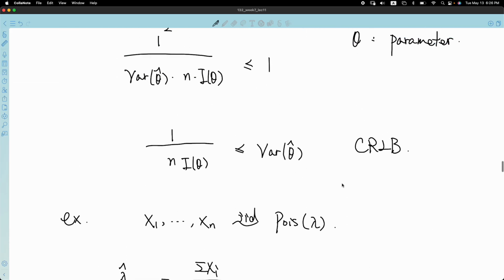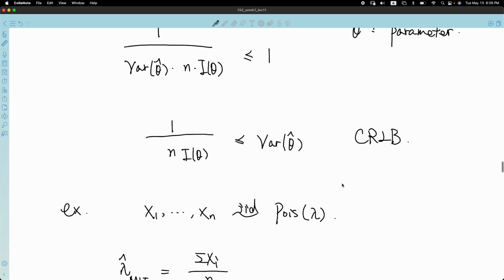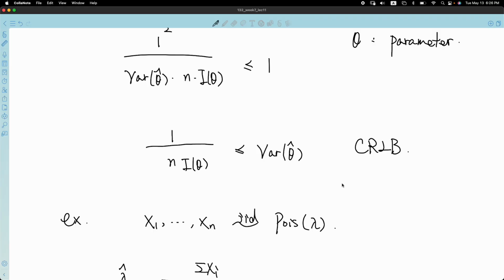So, if I understand correctly, first of all, the variance of your estimator is greater than that bound. So it doesn't mean that. When clustering around the true parameter, it means that it's unbiased, right?